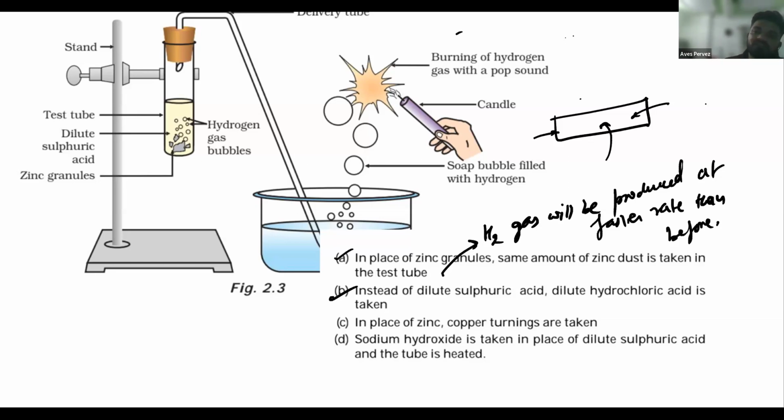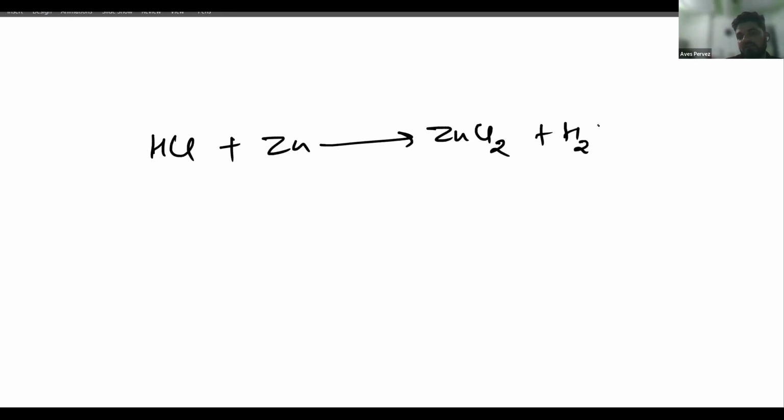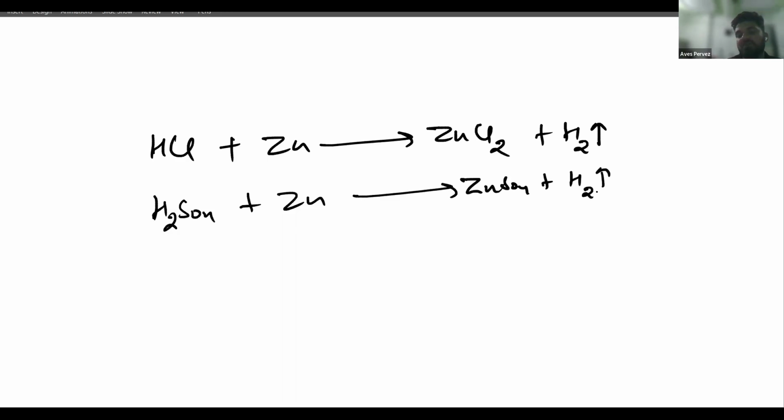Yes, the hydrogen gas will be produced. We can say that this time we have hydrochloric acid, that is HCl, and when it reacts with zinc, it will give you ZnCl2 plus hydrogen gas. And previously we had H2SO4, and when it reacts with zinc, it gives ZnSO4 plus hydrogen gas.